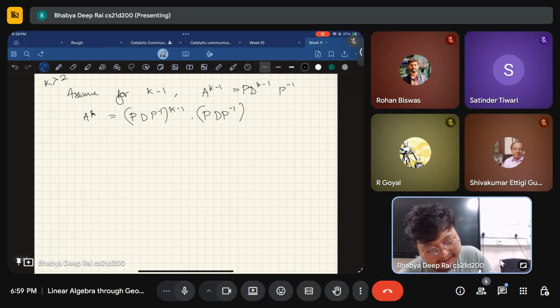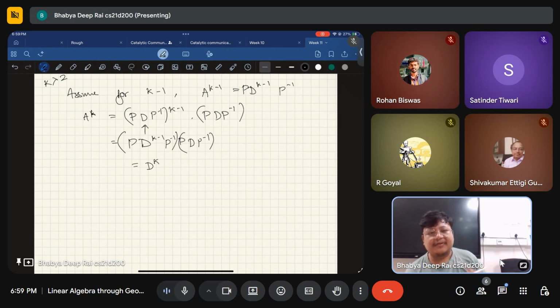And by my hypothesis I have this is equal to P D to the k minus 1 P inverse, and we already saw in the base case that when I multiply these two I'll get P D to the k P inverse. So we've proved the theorem for a general n.